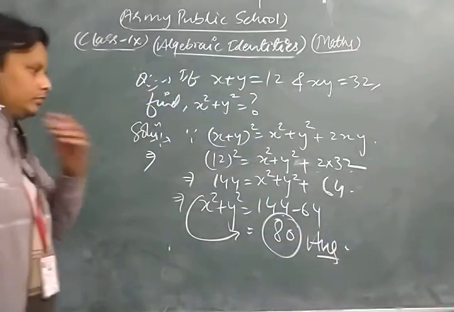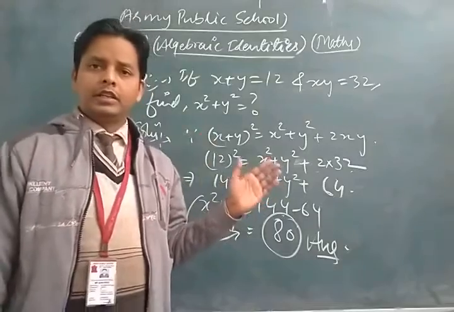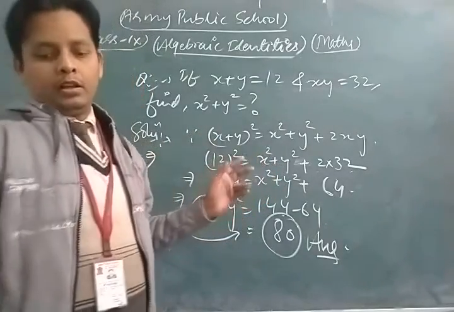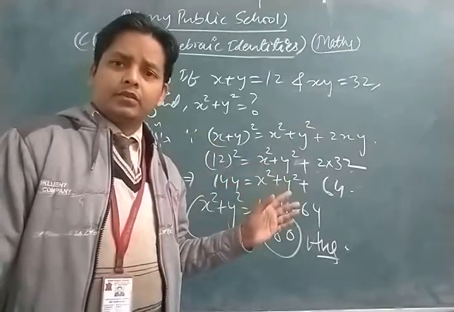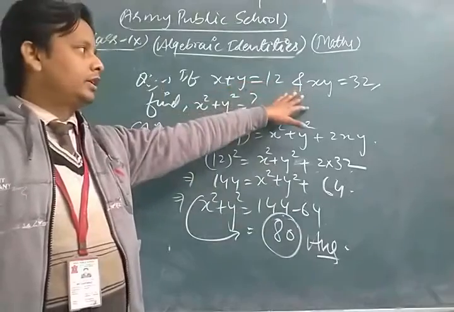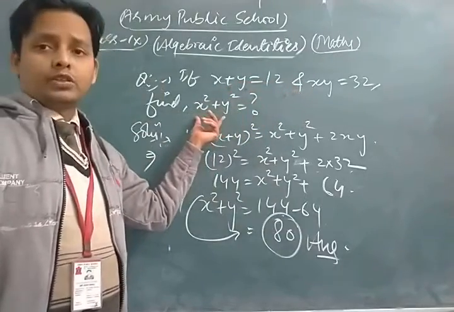Okay. So dear student, in this way you can solve that type of questions. First of all, we have the value of x plus y and x into y, and we find the value of x square plus y square.